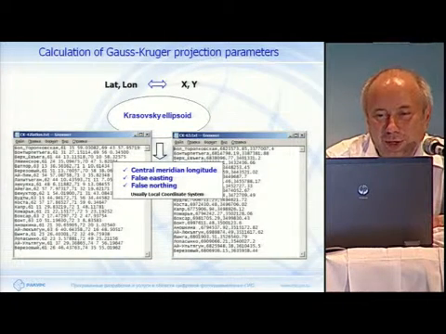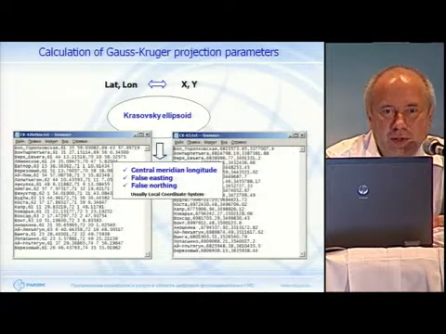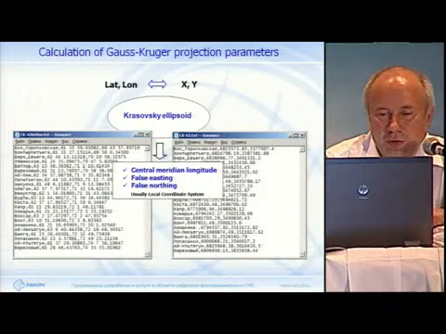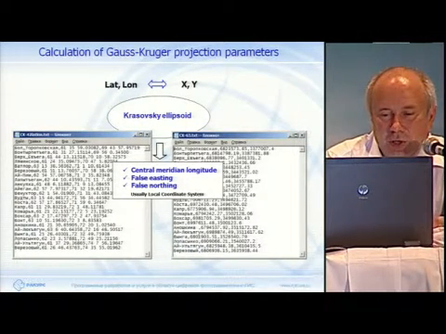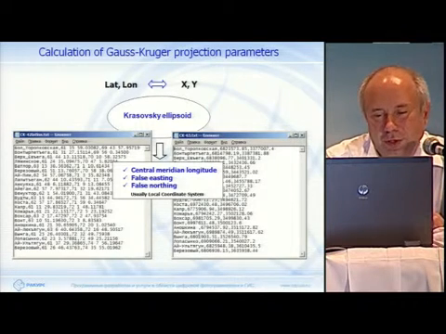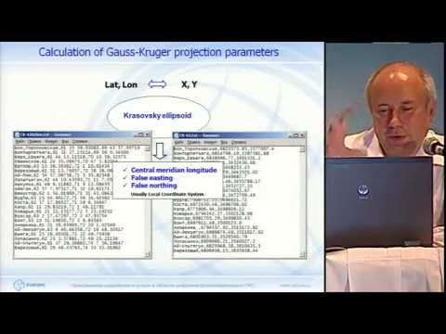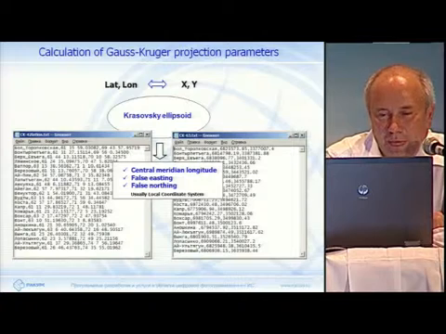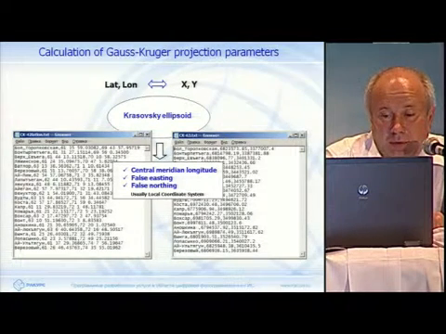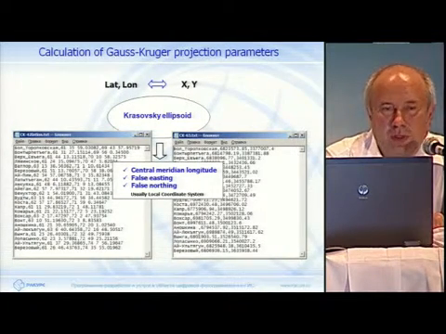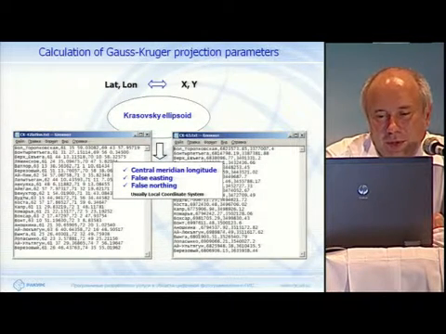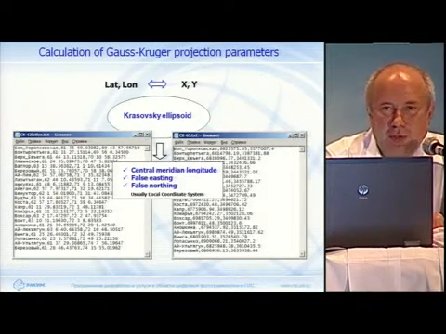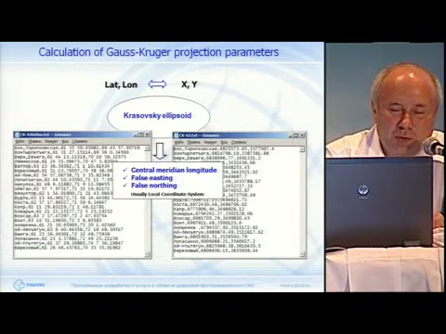Calculation of Gauss-Kruger projection parameters, for instance. It was prepared for the Krasovsky ellipsoid, with well-known parameters. This is the meridian and the shift, false northing and false easting on the X and Y axes. Because often the standard parameters which you can put into the standard calculator can be inaccurate.